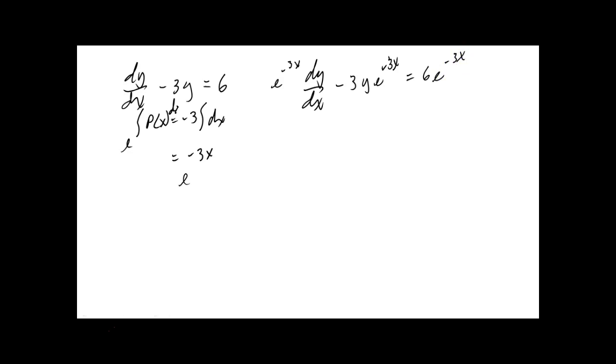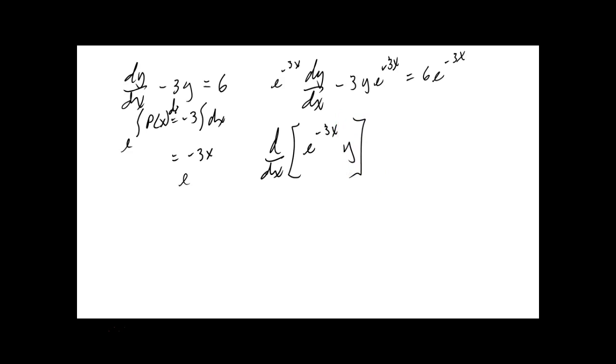Okay. Now, this is exactly what we had before, and this is a perfect derivative, isn't it? It's a perfect derivative of the integrating factor e to the minus 3x times y. Don't believe me, do it.